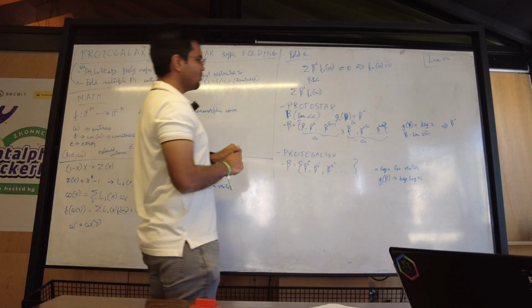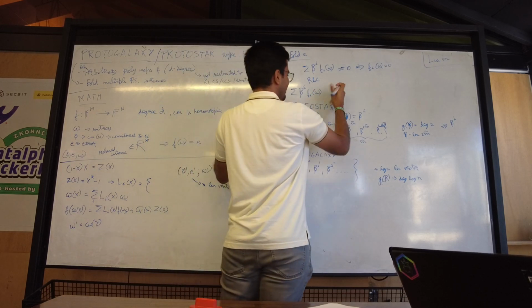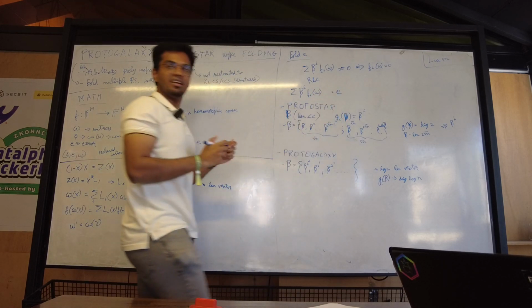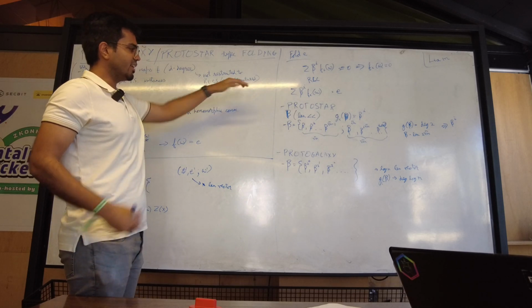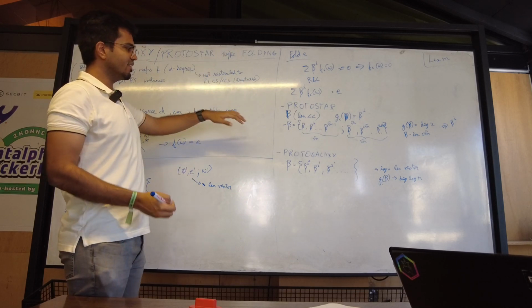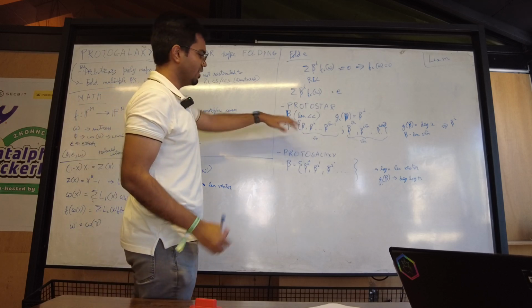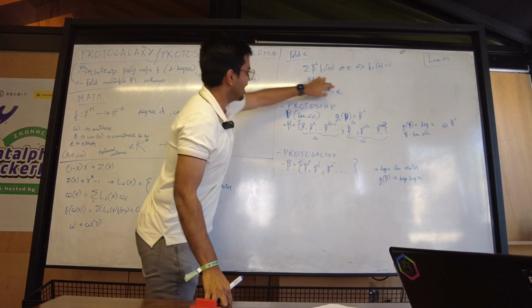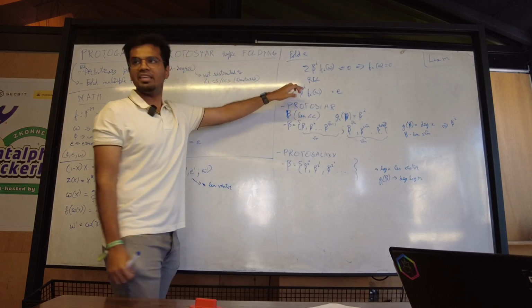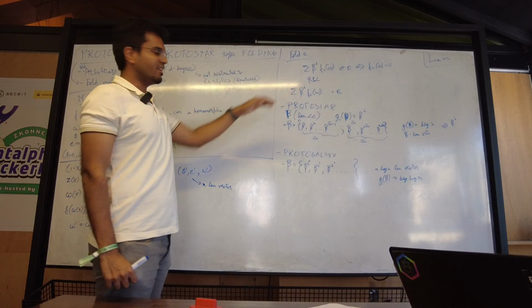Over here, I'm guessing we're doing something like this, and we're combining two of these instances into whatever our new instance would be. So you can think of it as a polynomial in the degree of beta or something.